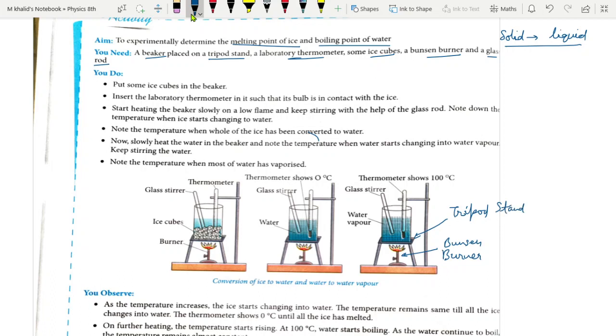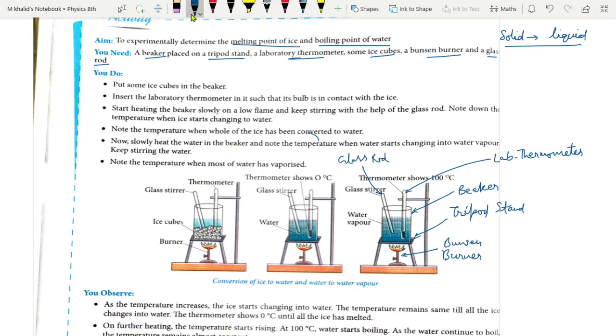Here you can keep your beaker and everything, and this is your beaker. Here it is the laboratory thermometer, and this is a glass rod. Here it is shown a glass rod.